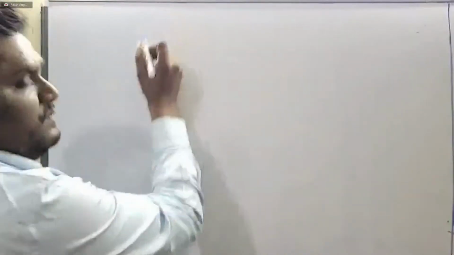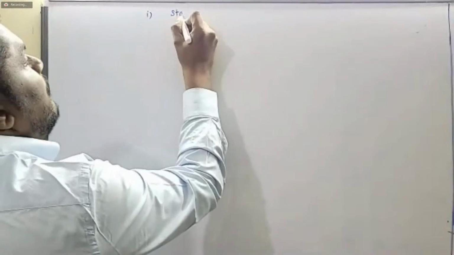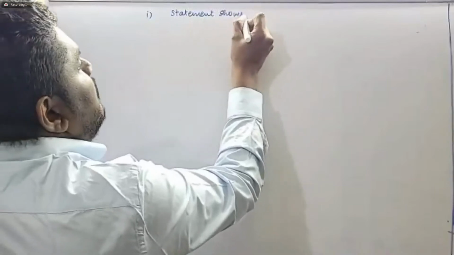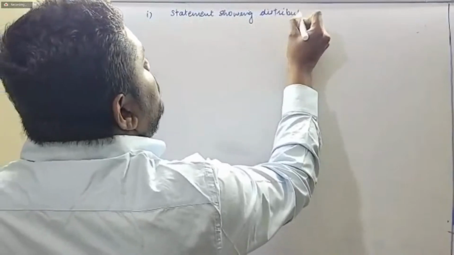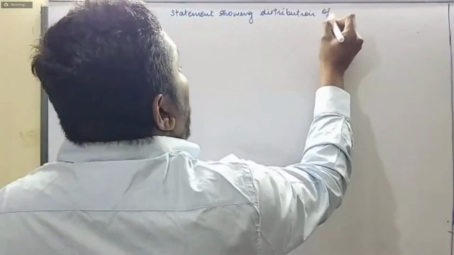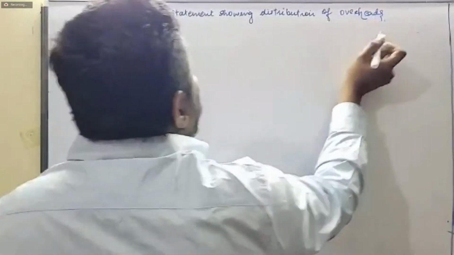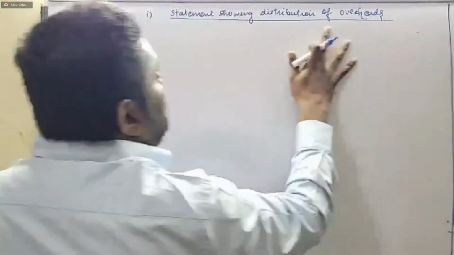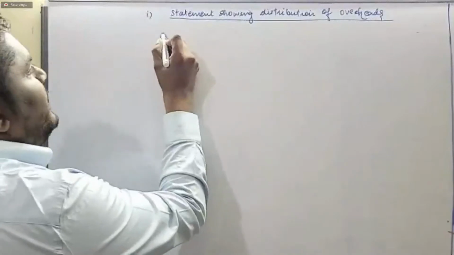So let's start with the first point. Statement showing distribution of overheads. The first column will be particulars.